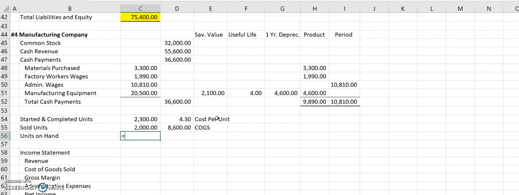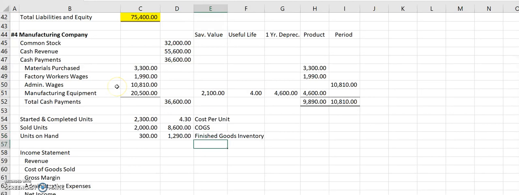And again, we're going to just simply look at how many units we started and completed. Again, because we're a first-year company, we don't have beginning inventory, ending inventory, which can add some more dynamics to these calculations. So we just subtract off the units that we sold. That tells us we still have 300 units on hand. We can multiply 300 by $4.30, and this is our finished goods inventory.